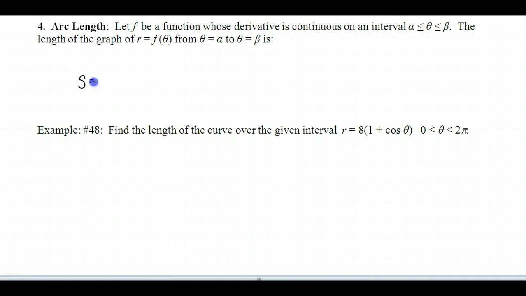Arc length is our lowercase s. We are integrating from alpha to beta, which has to be given. And again, for arc length, just like for the other equations, it's a square root of our original function squared plus the derivative of the function squared.